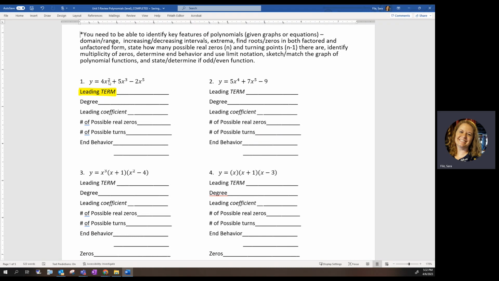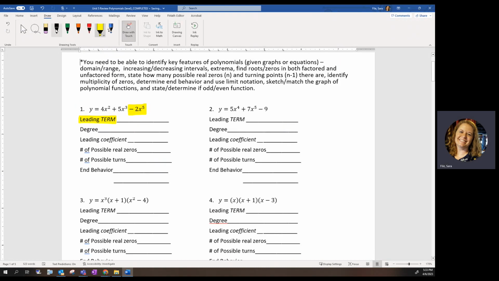Like you can see here, there's a squared, a cubed, and a fifth power, so that's not written in descending order, which is standard. So you're looking for the highest exponent term, which in this case is the 5. So the term is this entire thing. That's your leading term.